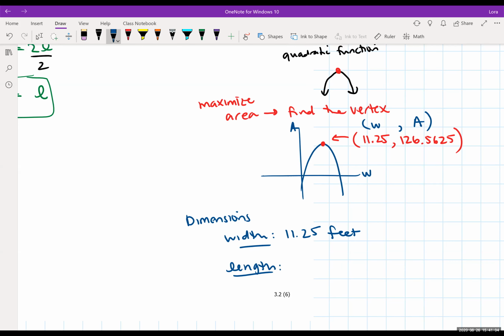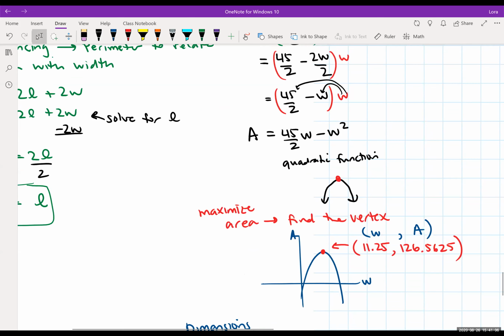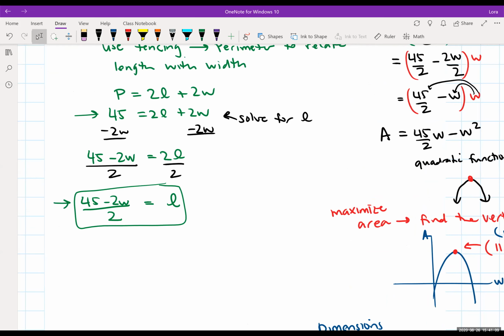So in order for us to find the length, we kind of have to use how they're related. So I'm going to go back to my perimeter formula and say, well, if W equals 11.25, I plug it back into my formula solved for length, or my equation, I have 45 minus 2 times 11.25 all over 2. That's going to give me my length. Quick calculator. 45 minus 11.25 times 2.